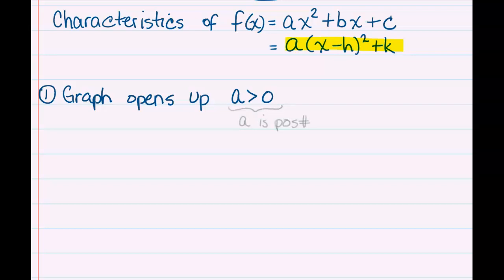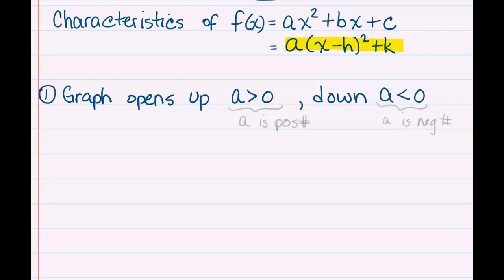So if it's a positive number, we know that it opens upward. And it opens downward when a is less than 0. And when we say a is less than 0, that just means a is a negative number. So that's one of the very first characteristics about our parent function, or our function in general, about which way it opens.